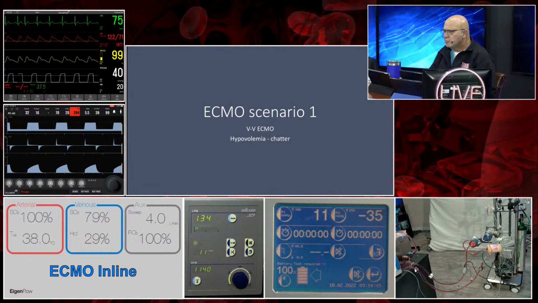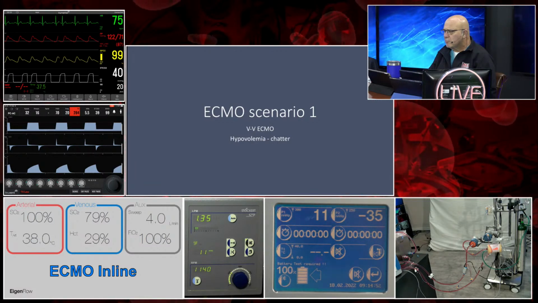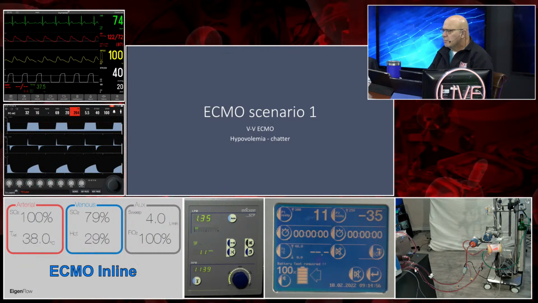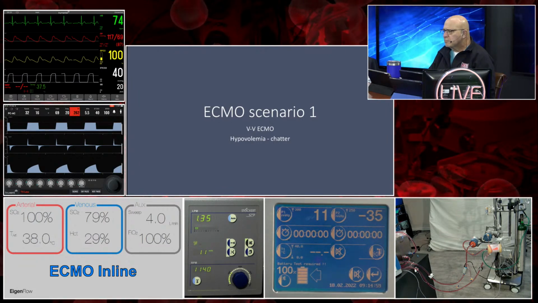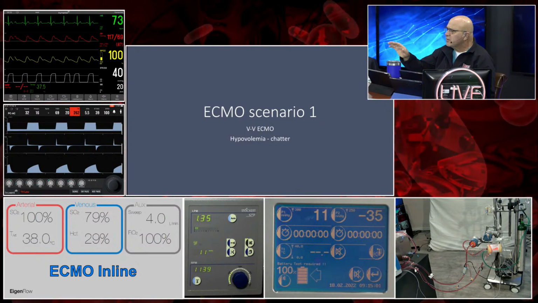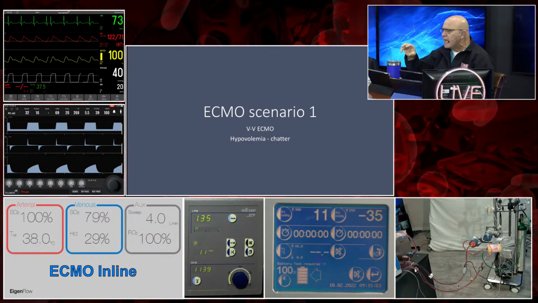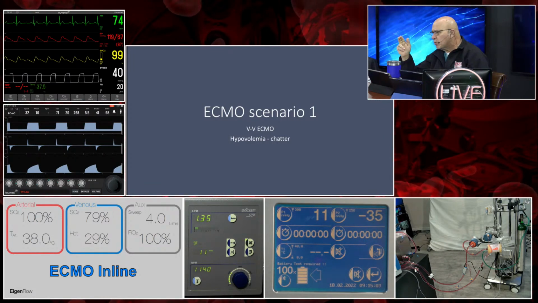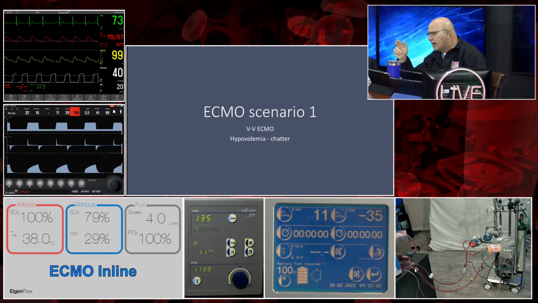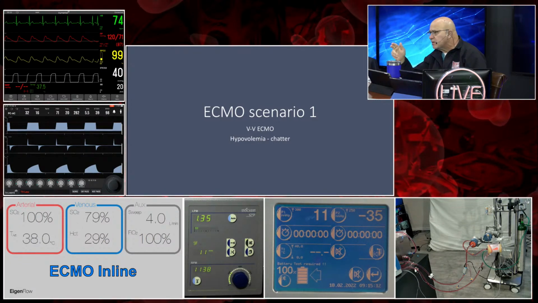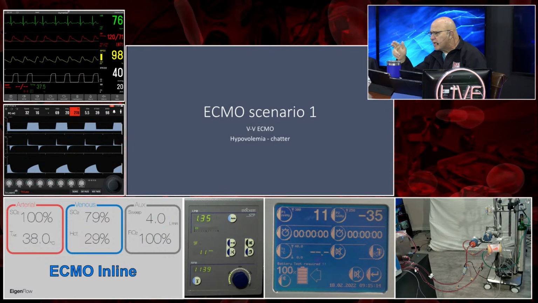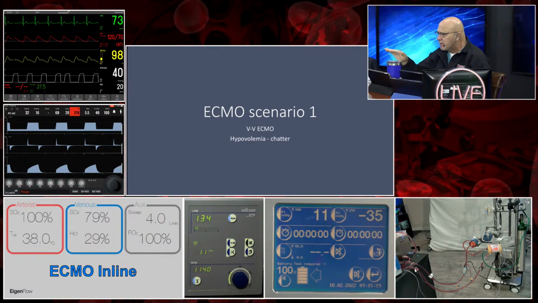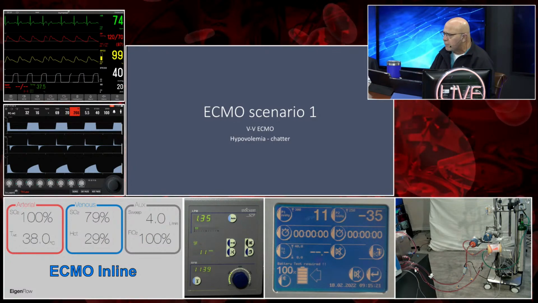Below that is the eigenflow monitor, which will show various information depending on what manipulation Joe does with the app. For today's scenarios, that is going to be our sweep, our FiO2, and the inline oxygen sat, arterial SaO2, SvO2, temperature, and inline crit. That's all it's ever going to be for today's cases.